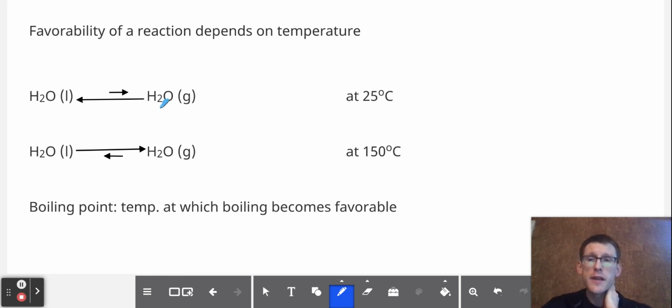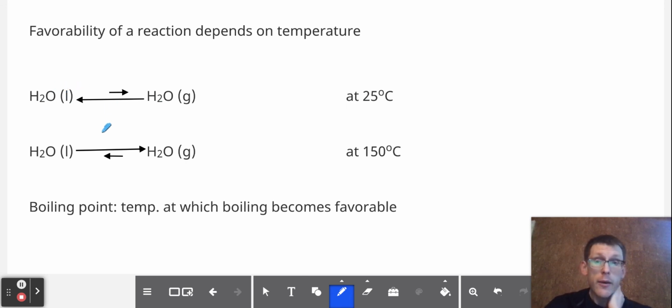Here we have an example: water as the liquid and water as a gas. At 25 degrees Celsius, you all are fully aware that water will exist predominantly as a liquid. There is vapor pressure, so there will be some amount of vapor even at 25 degrees Celsius, but there's not a whole lot of vapor. There is quite a bit of liquid water.